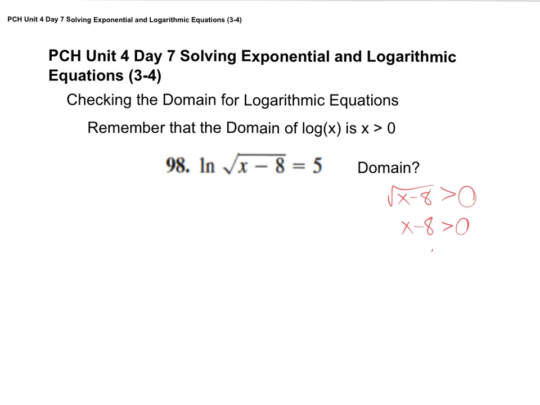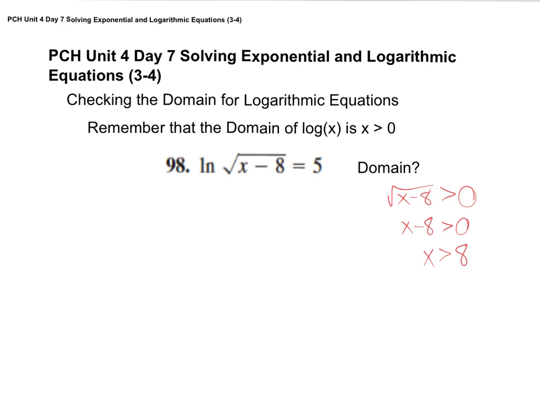So for this equation, whatever answer we get, we have to have x greater than 8. That's the domain for our function. If we were to solve this and we got x equals 3 for some reason, we would say that there's actually no solution.